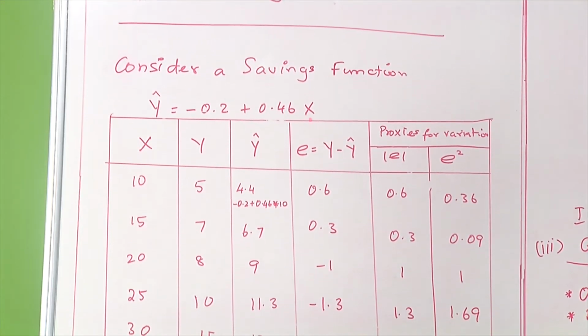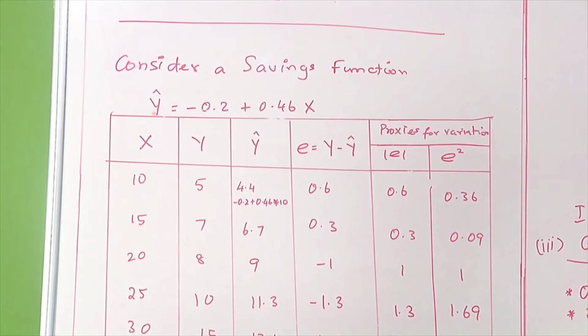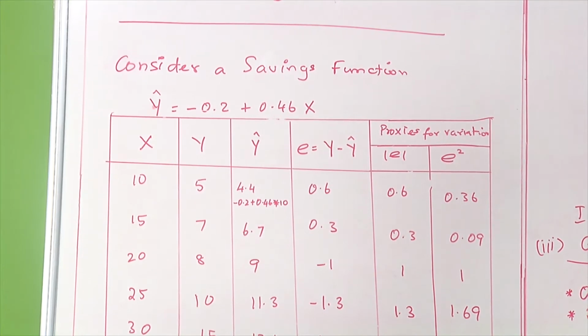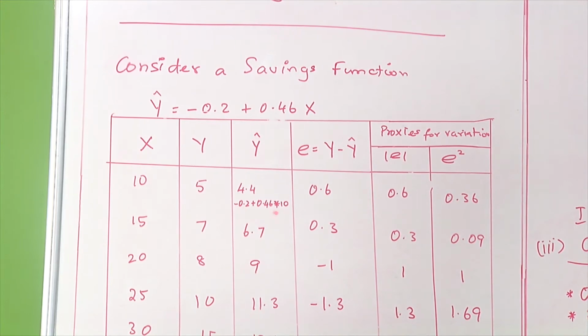For each value of x, we can estimate the estimated value of y. So, we just got this 4.4 corresponding to these two values by this equation, minus 0.2 plus 0.46 into 10. We are substituting the x value, and this would give you the 4.4 value.